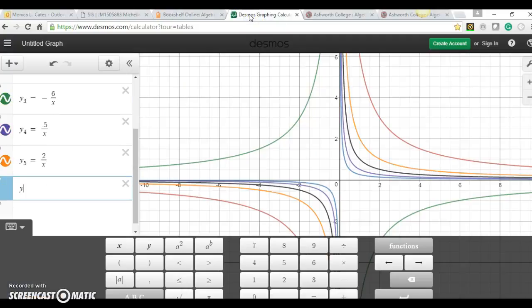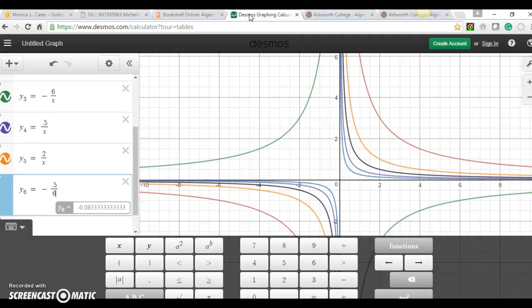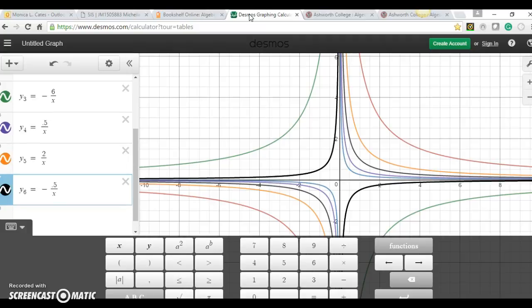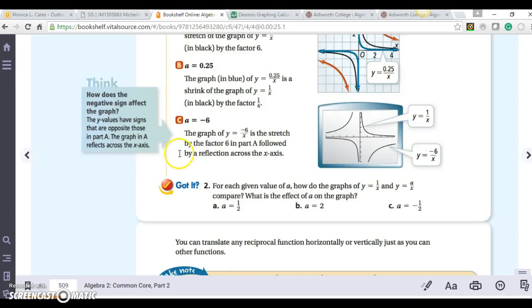And I have y6 equals -0.5 divided by x. So it's going to flip and it's going to shrink. And so that one's the one in black. And it's compared to the one over here. And I think this is purple. Yes. I hope that this helps.